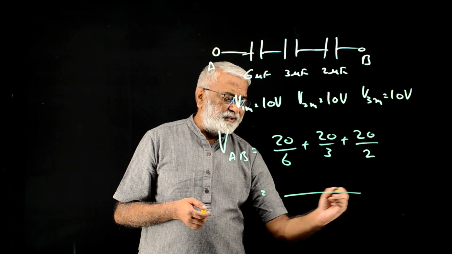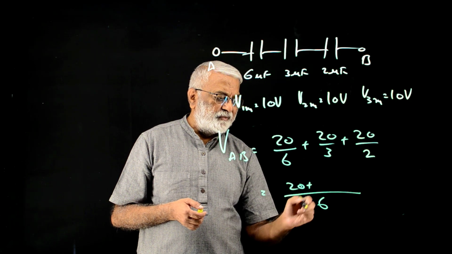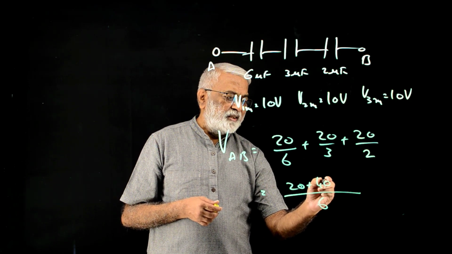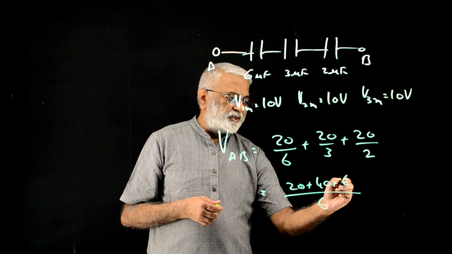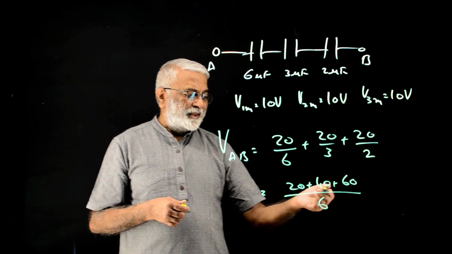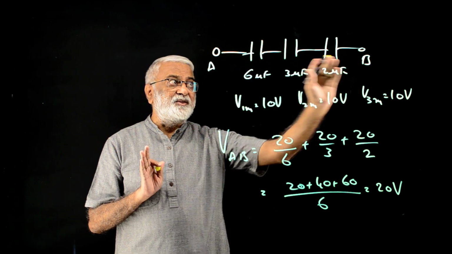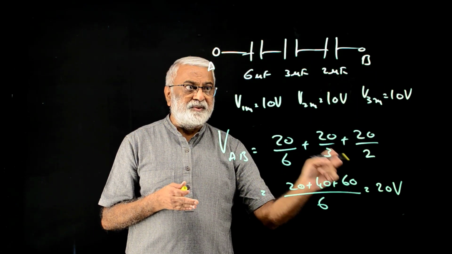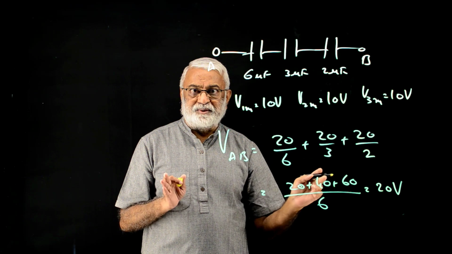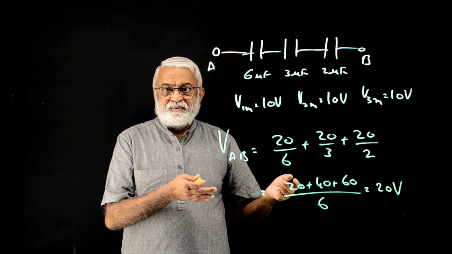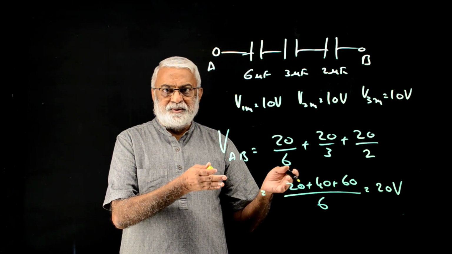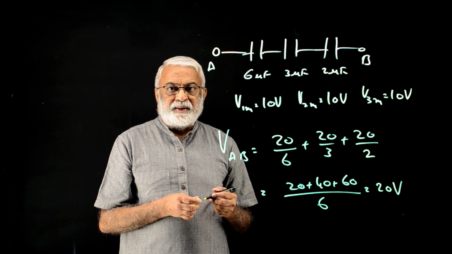This will be 20 plus 40 plus 60, that will be 120 by 6. So this is 20 volt. The maximum potential across this combination can be only 20 volt, not the sum of these three, 30 volt. So for the breakdown potential of the combination, you should do a calculation like this.